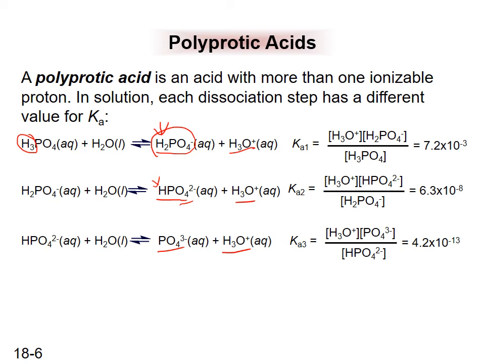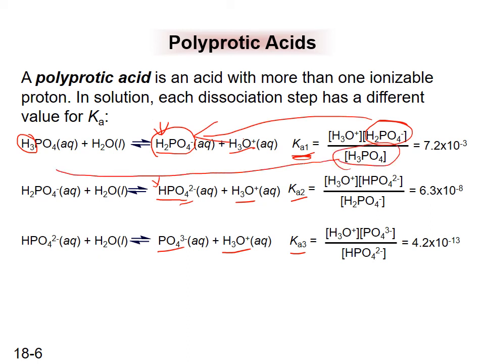These 3 ionization reactions have different Ka. So the first one, called Ka1, is hydronium ion times dihydrogen phosphate divided by phosphoric acid.